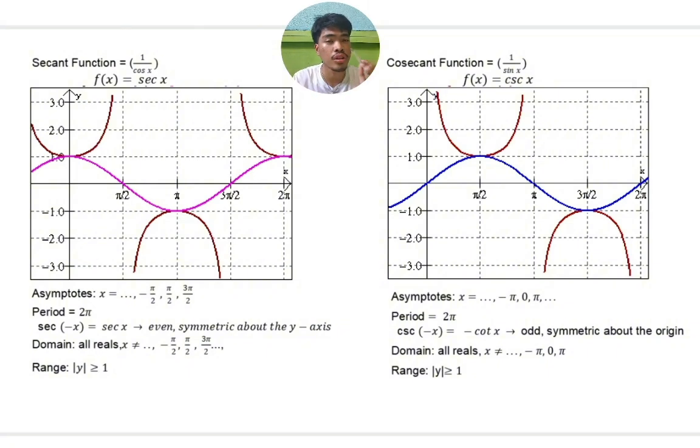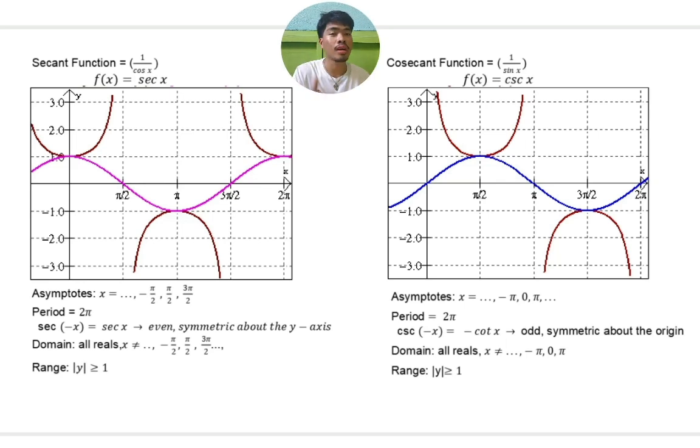It shares asymptotes with tangent wherever cos is equal to 0, at odd multiples of pi over 2. Its full pattern takes 2 pi to repeat.